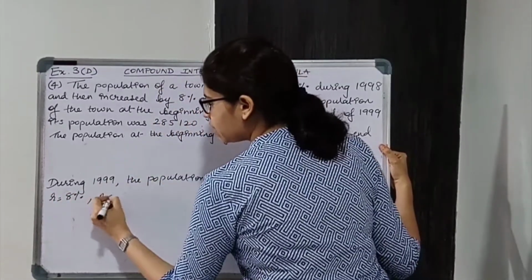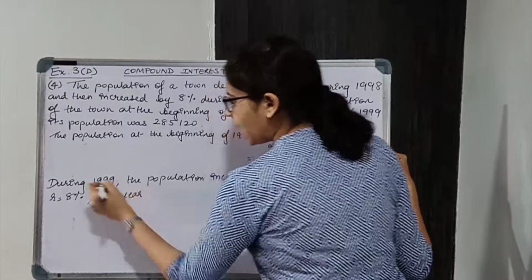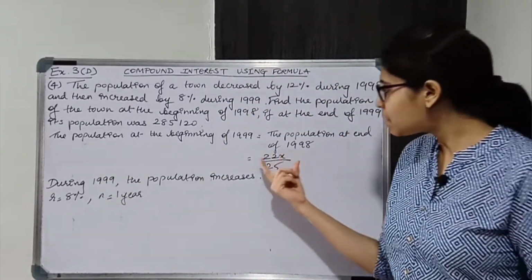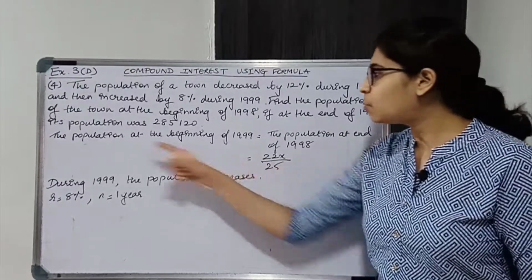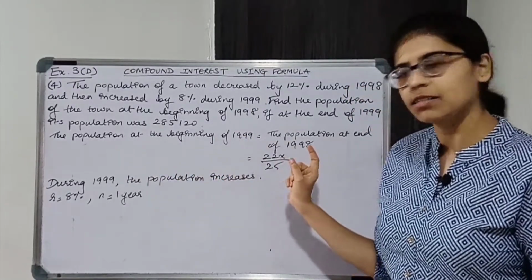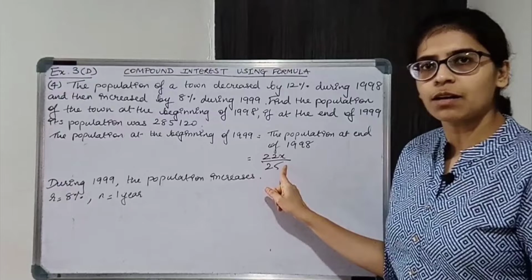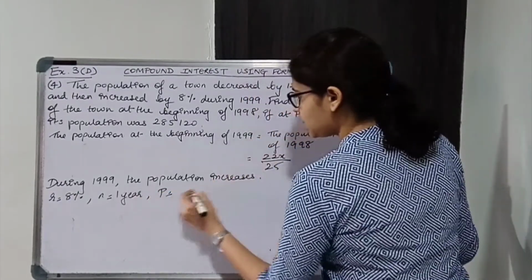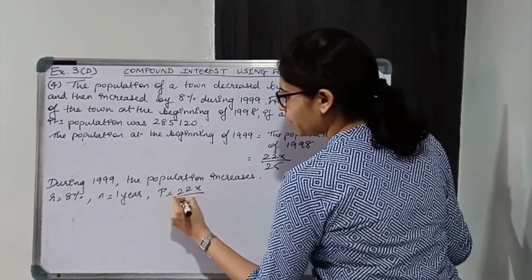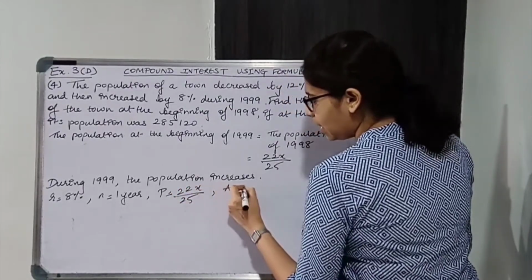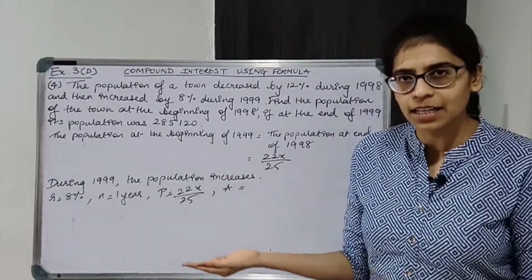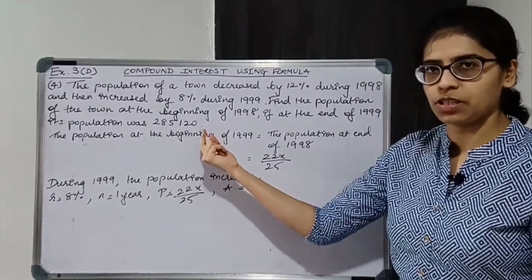Okay, N is 1 year, we are calculating from beginning to end of 1999. Okay, and the principal will be the population at beginning of 1999, this is 22x upon 25. So P is 22x upon 25, and A, the population at the end of 1999 is 285120.